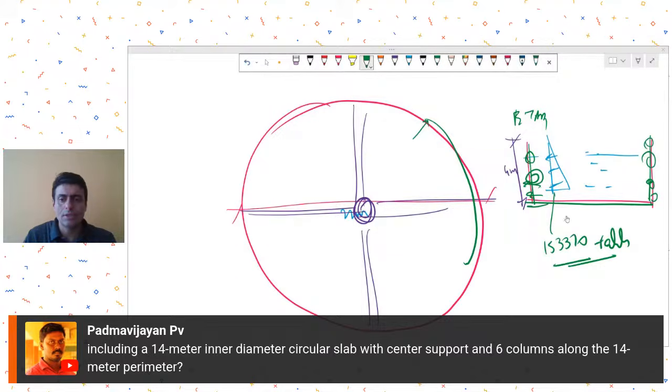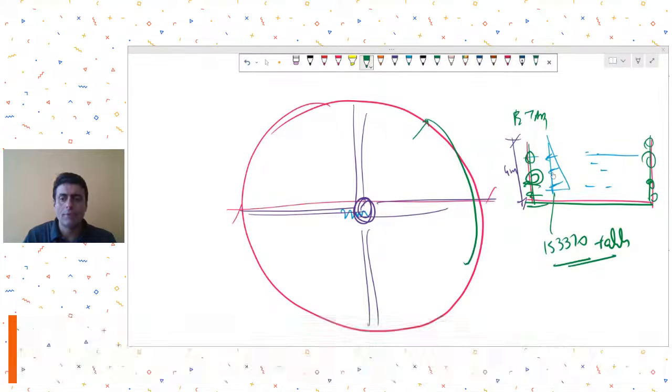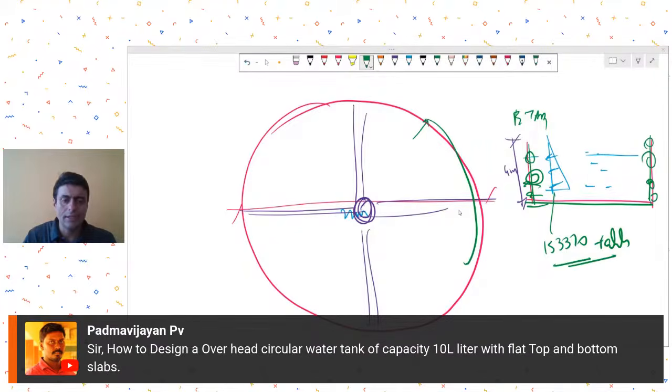That will greatly help you for analysis and design. Similarly, for this overhead circular water tank, as I'm telling you about the liquid retaining structures course, we have done all these types of structures in great detail. So I suggest you have a look at that.